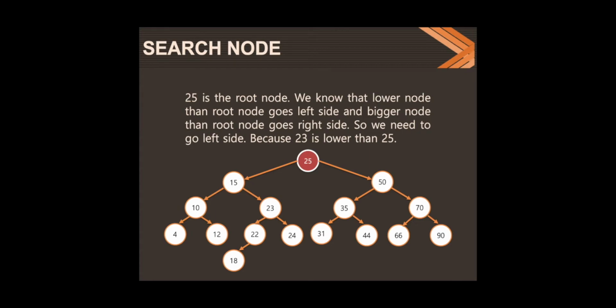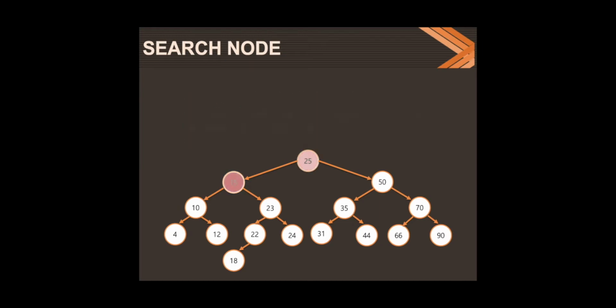So we need to go left side because 23 is lower than 25. 15 is the root node now. 23 is bigger than 15. So we need to go right side. Yeah, we found 23.